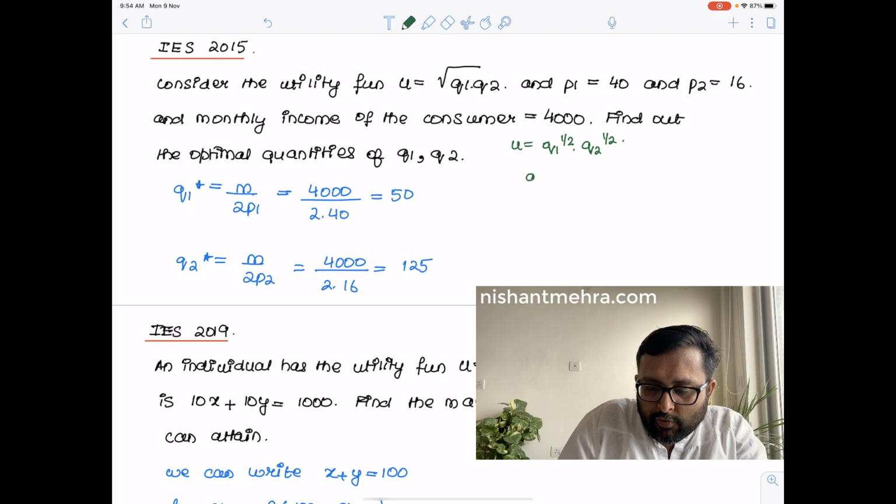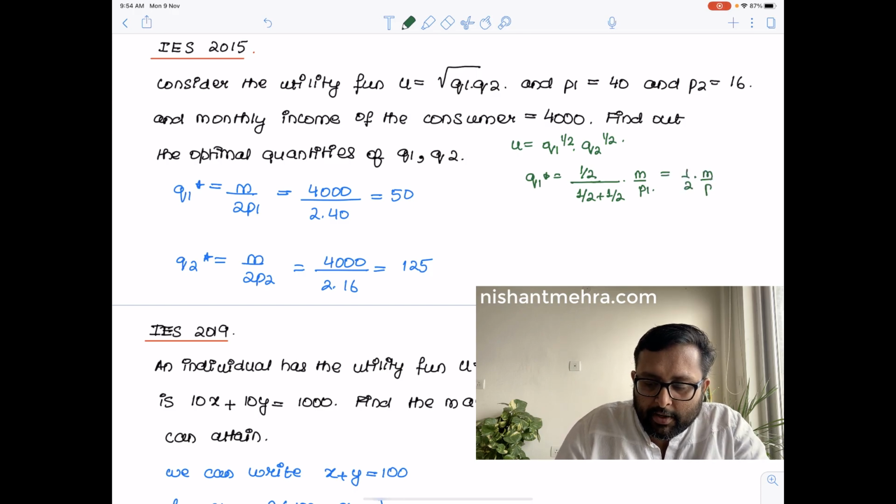So q1 star would be alpha upon alpha plus beta into m upon p1. That is going to be 1 upon 2 m upon p1, and I have just solved that. So it is m by 2 p1.